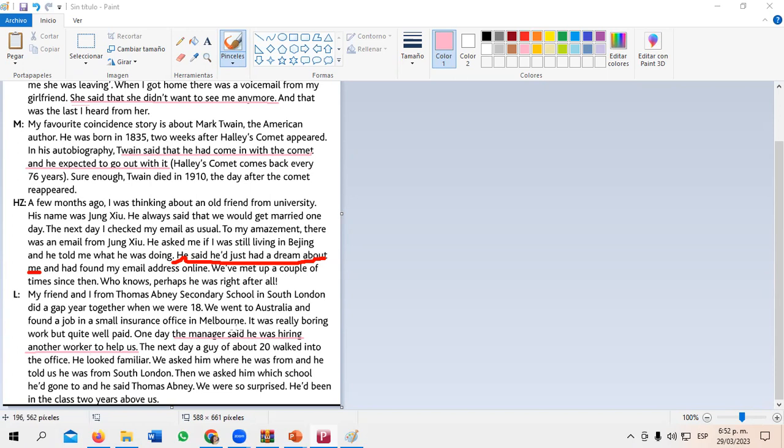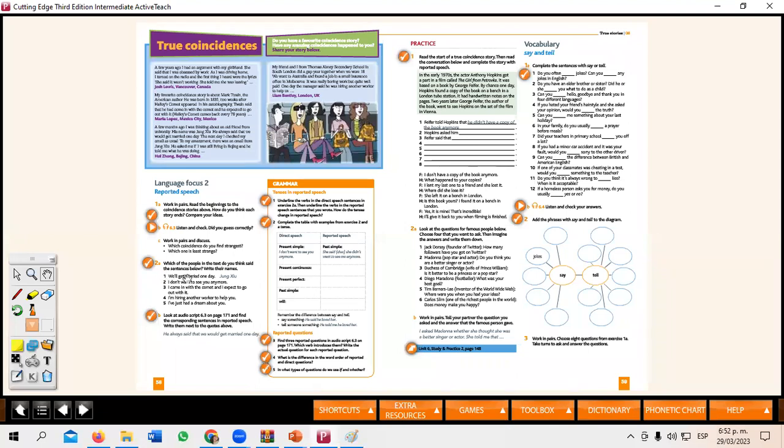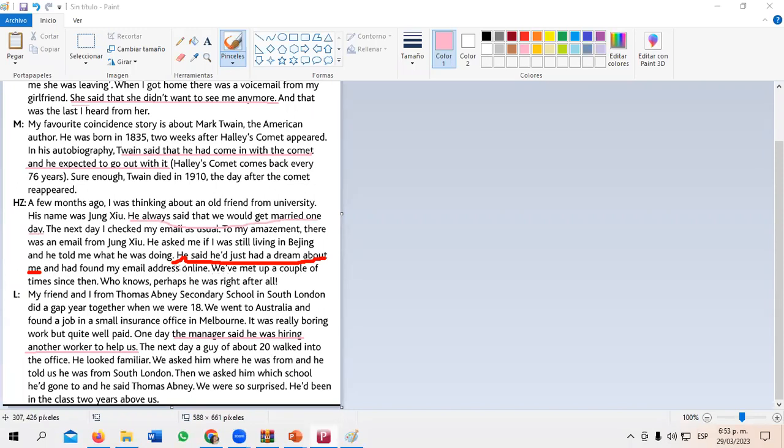The first one is, he always said that we would get married one day. So this is for number 1. And for number 5, I've just had a dream about you. The reported version is, he said he had just had a dream about me. Okay, this is the reported version.